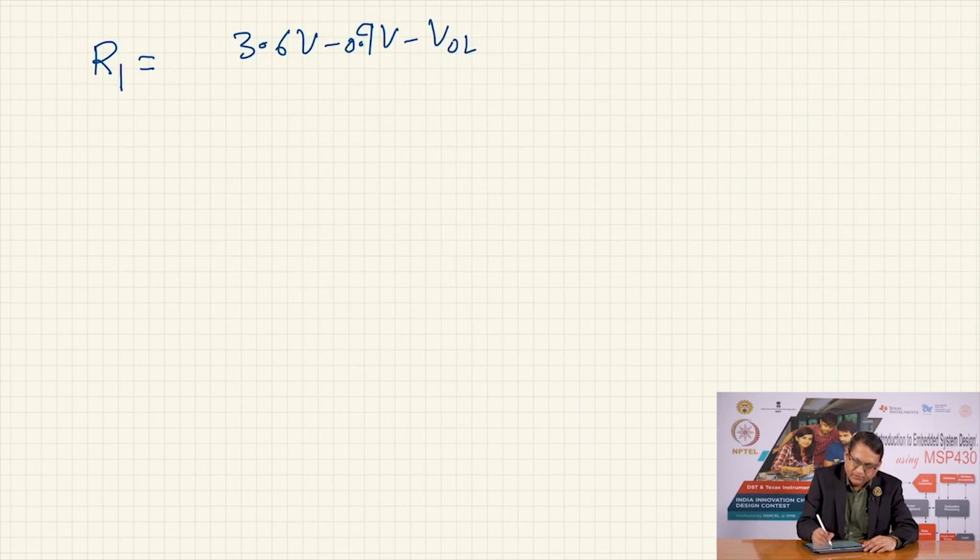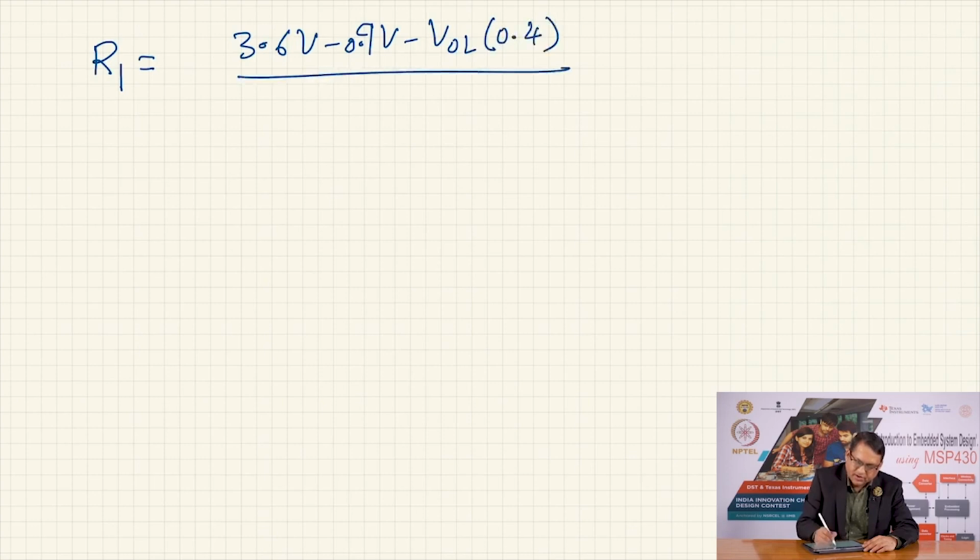That R1 value is equal to 3.6 volt minus VBE, which is 0.9 volt, minus VOL, which is 0.4 volts.